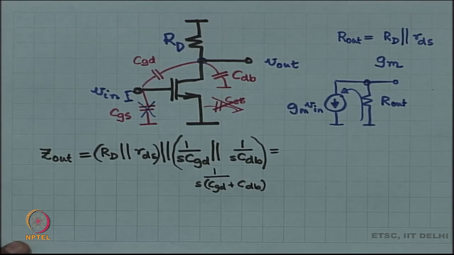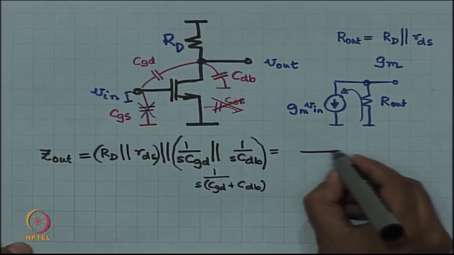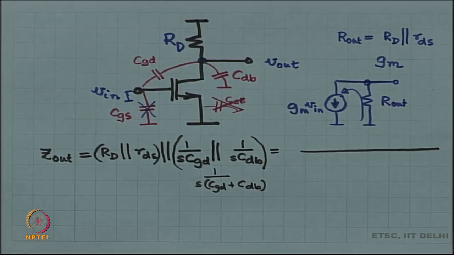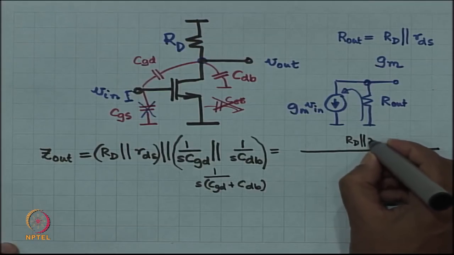And you can place these two combinations in parallel and do the algebraic crunching, or what is easier is to do the following. This is the DC quantity.